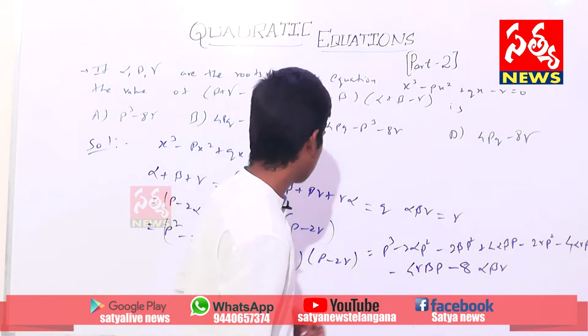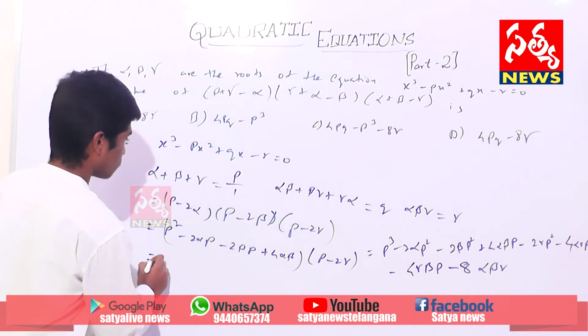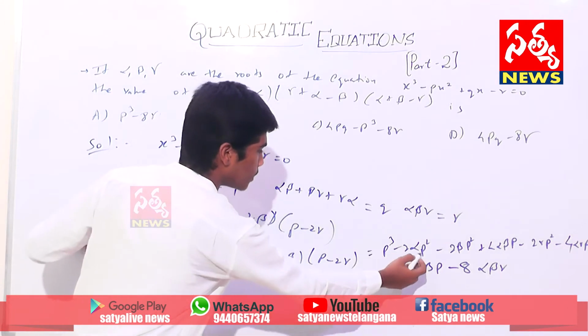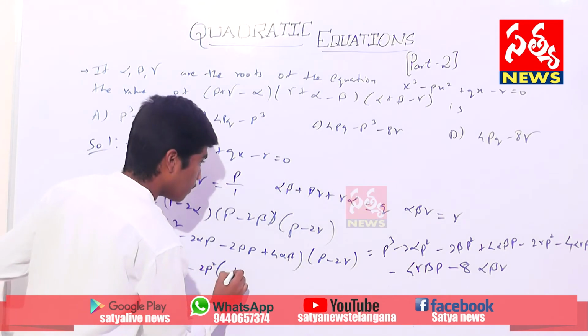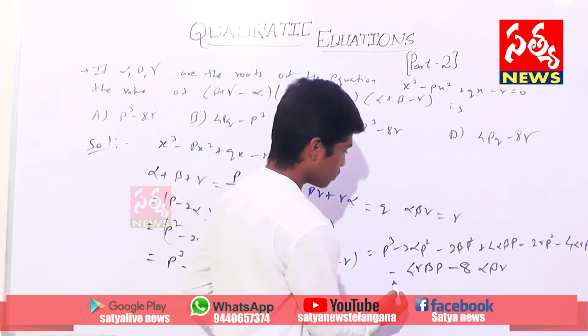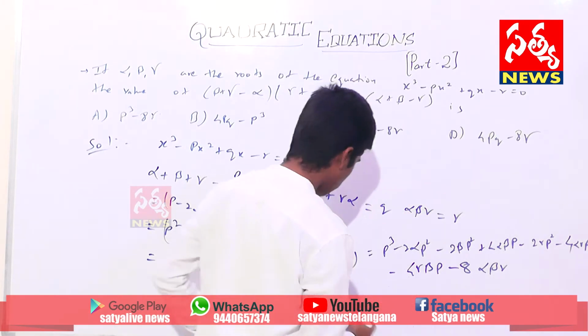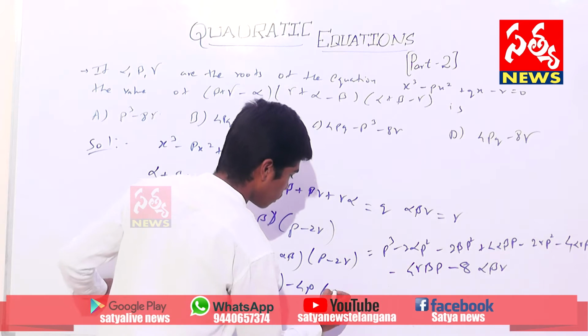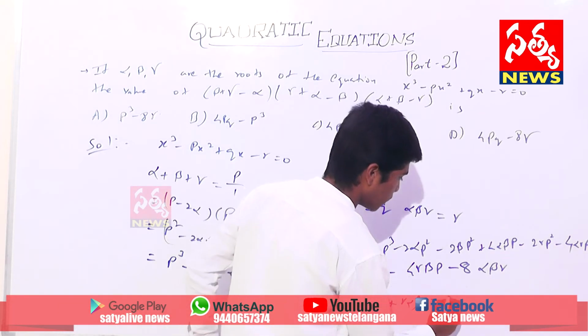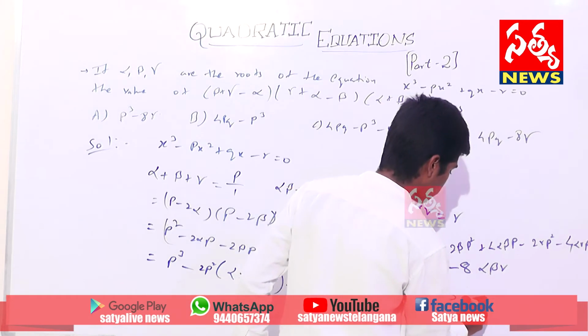everything is right. Now from that we get that if we take 2p square common we get alpha plus beta plus gamma, and next if we take 4p common, minus 4p, we get alpha beta plus beta gamma plus gamma alpha, minus 8 into alpha beta gamma.